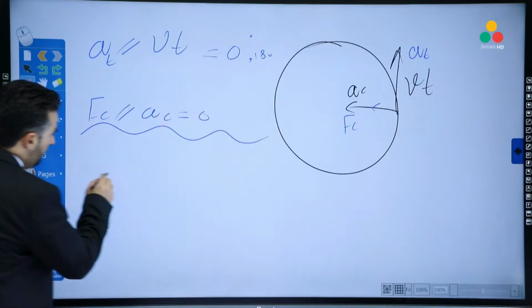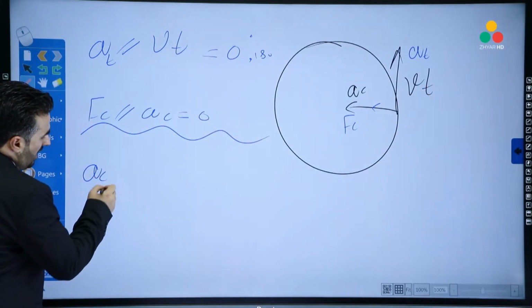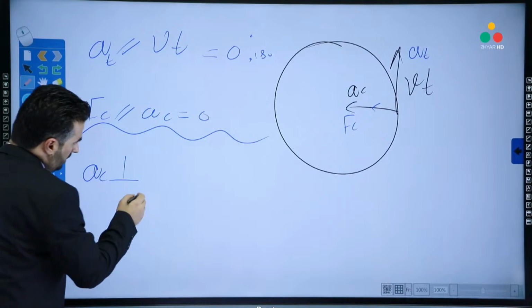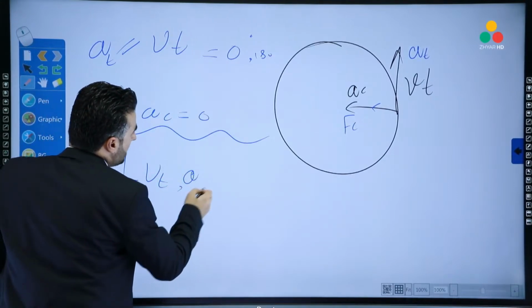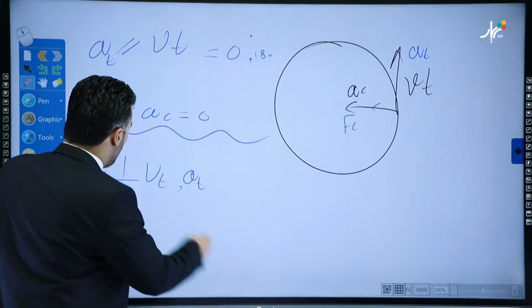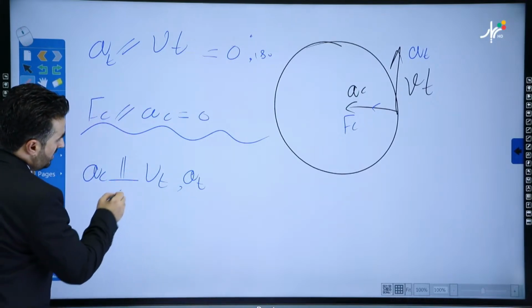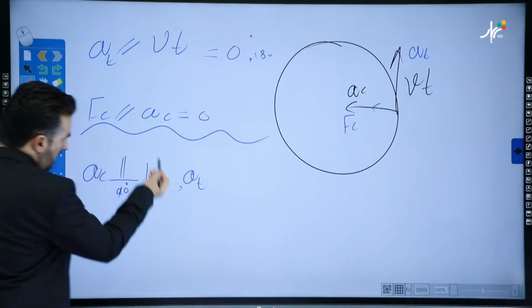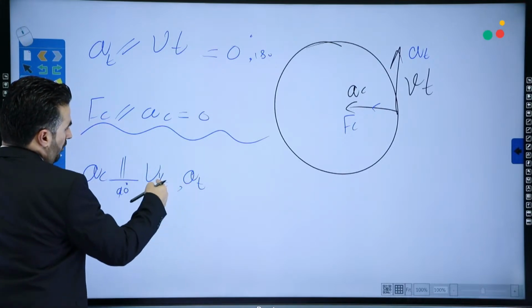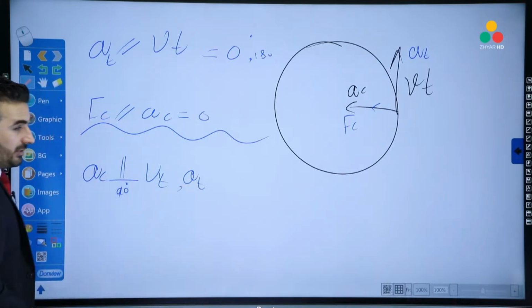We know that the direction of centripetal acceleration is perpendicular to the direction of what? Of tangential speed. And of course, tangential acceleration as well, if we have it, yeah? This symbol means the angle between these two is 90 degrees, whether it is with the tangential speed or with the tangential acceleration.